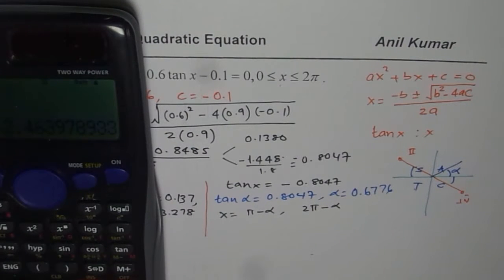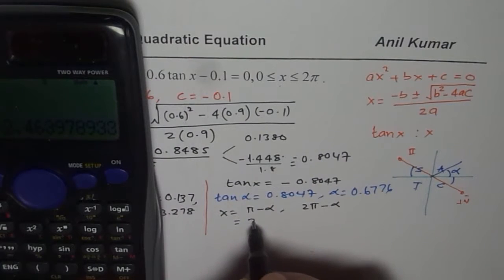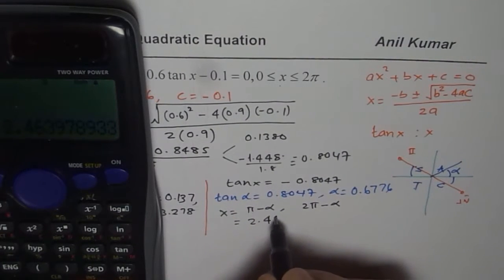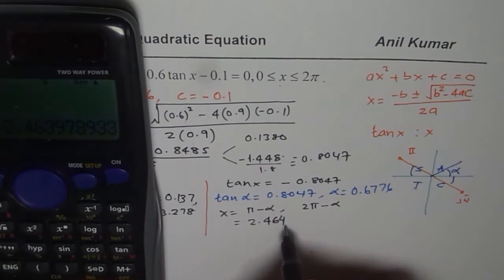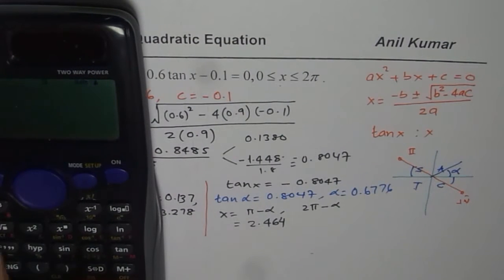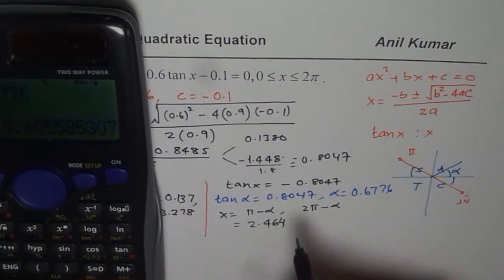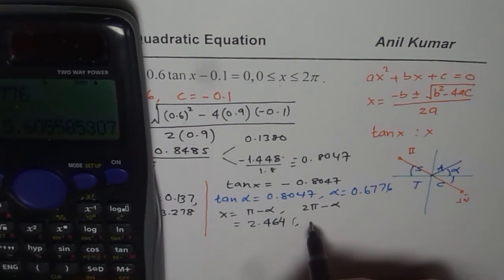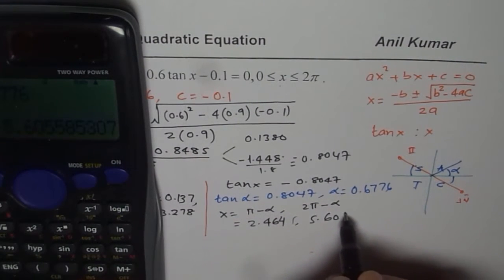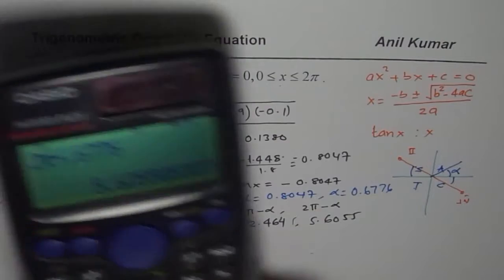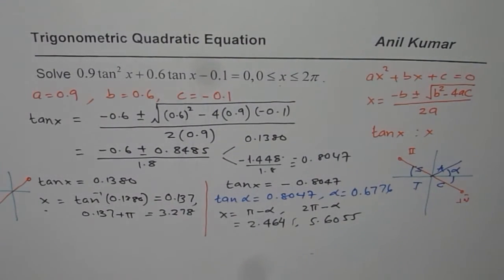So the answer is 2.463, I'll round it to 4. And in this case, 2 times pi minus alpha, 0.6776, equals 5.6055. Okay, so we get 4 different solutions for this particular question.